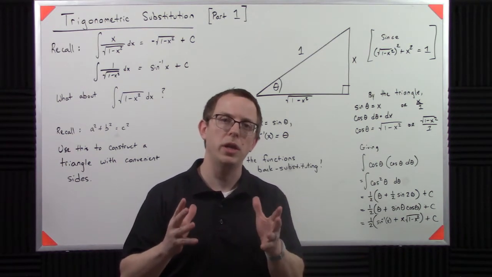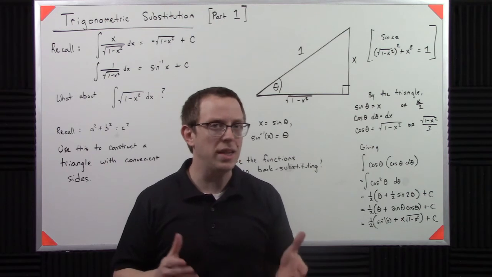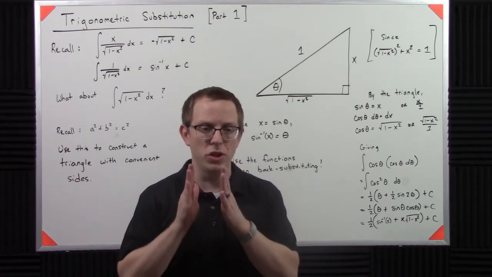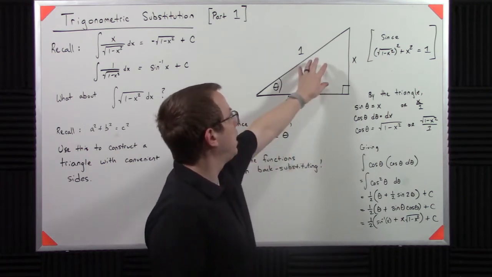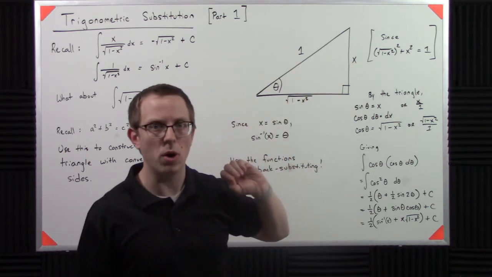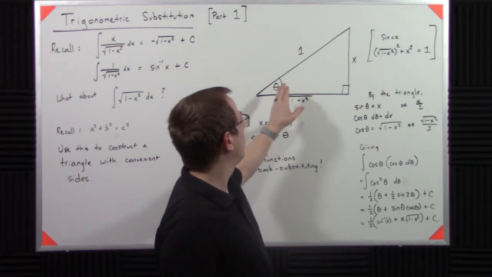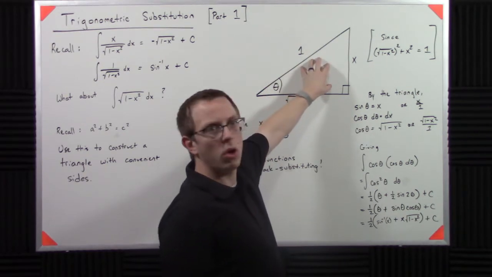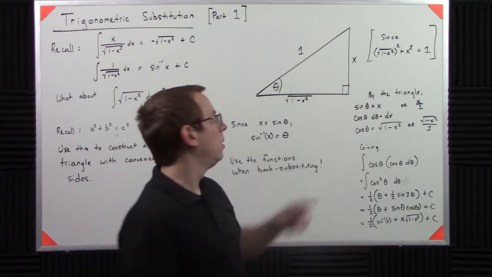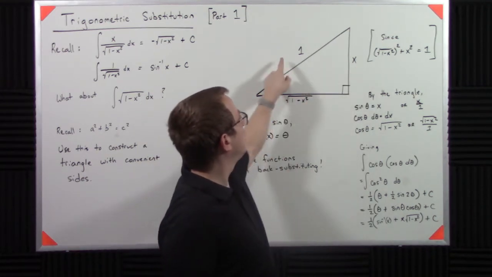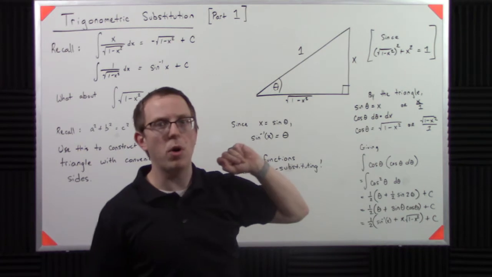As long as that relationship is consistent, it doesn't matter that it wasn't just a equals b. I'm going to relate it and constrain it by this triangle. So if this triangle holds, and this is an angle on that triangle, then sine of theta is x because it's opposite over hypotenuse. Okay.